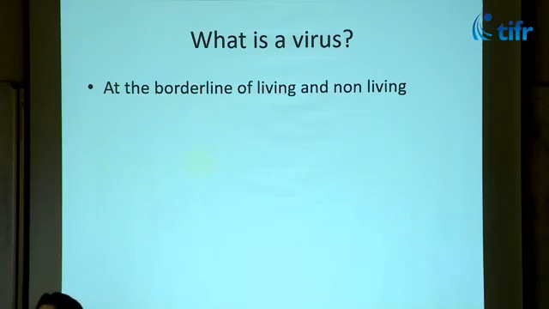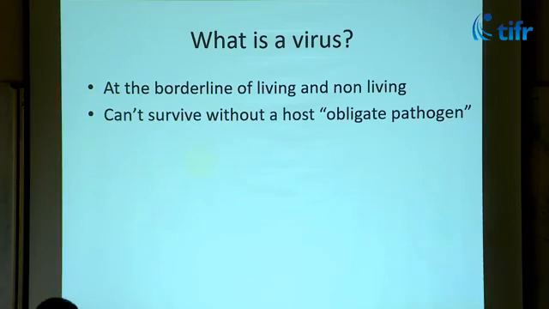Otherwise they are not considered alive because they cannot reproduce. So reproduction is the basic biomarker of being alive, and if something cannot reproduce, it is not considered to be alive. So viruses are only considered to be alive when they are infecting a cell, and that is why we call it an obligate pathogen. That is, it is obligated to infect something.